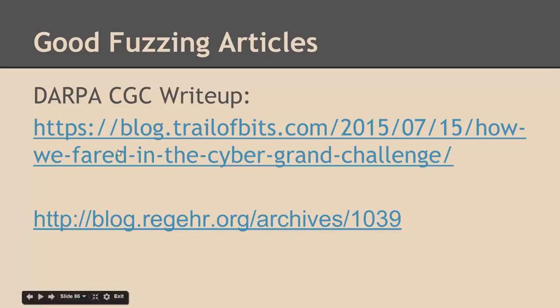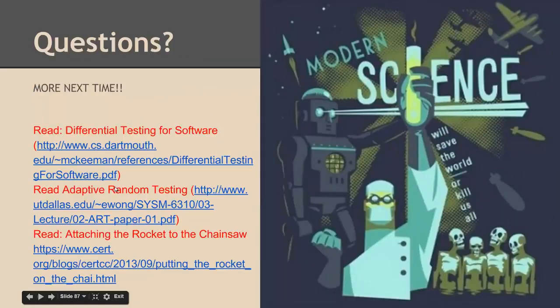And their write-up on how they designed their fuzzer and their vulnerability discovery platform is a very interesting piece, totally worth reading. And the Embedded in Academia blog here also is on fuzzing. It's a good read too. And we're going to cover more next time.